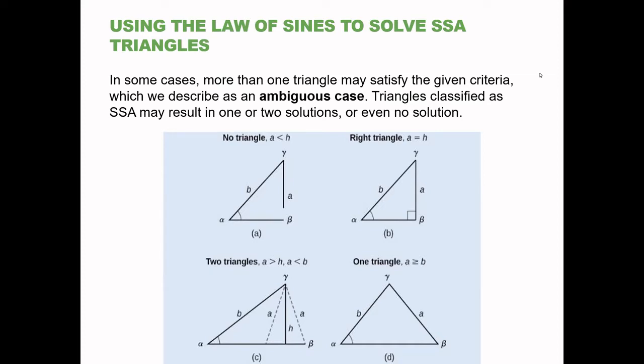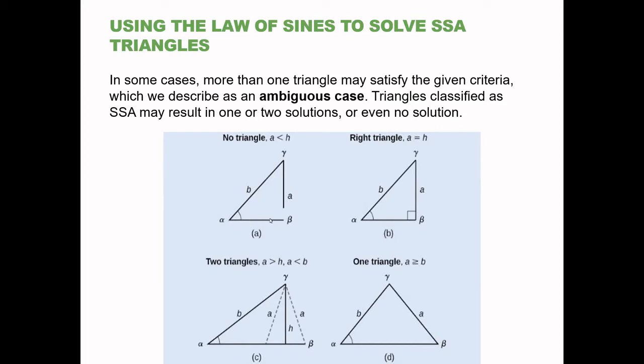How so? Well, remember, side-side-angle means we're given two sides and an angle, not between the sides, but on the side of one side. So here we're given B, we're given A, and we're given alpha. As you can see in this case, this angle is fixed.